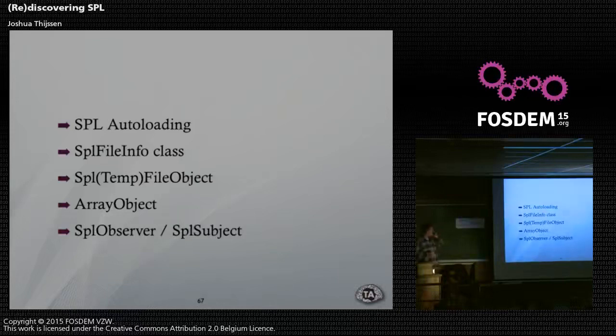The same thing with SPL file object, which has the actual file inside, so you can do things like reading and writing directly on objects. You have things like array objects, and you have even interfaces like SPL observer and SPL subject to create the observer design pattern and everything. Well, they have their uses, but you don't see it really a lot.